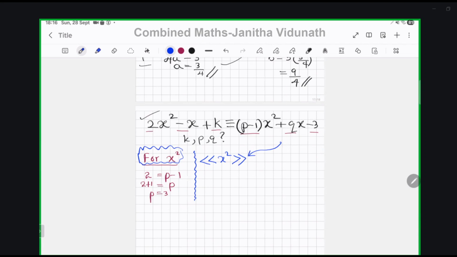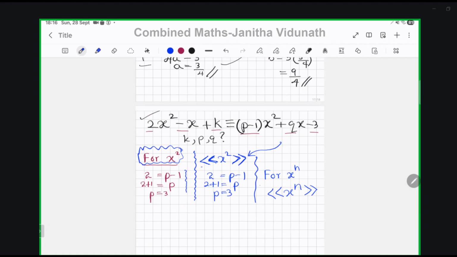Either you can say for x square and find the values, or simply put x square and use the identical sign, and then you can compare those two sides. 2 is equal to p minus 1, then 2 plus 1 is equal to p, that means p equals 3. Either you can say for x to the power n, or simply use the identical sign.